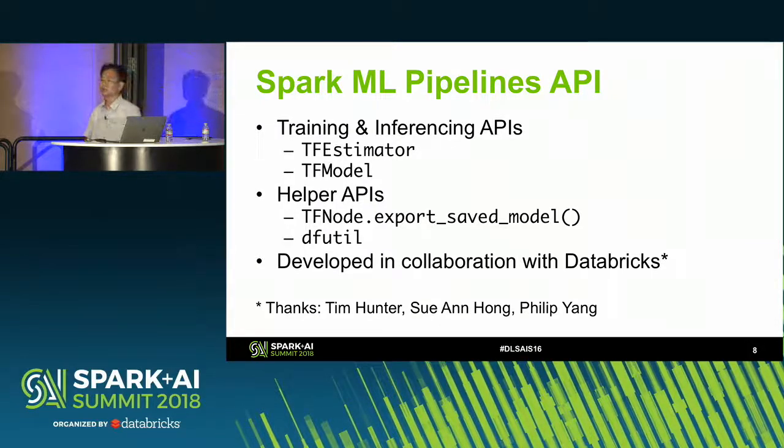We've also introduced a couple of helper APIs to ease a little bit of the coding here. If you've ever tried to export a saved model in TensorFlow, you'll understand why there's now a TFNode export_saved_model. And the DFUtil is literally a little helper class to help us go from TFRecord to data frames.